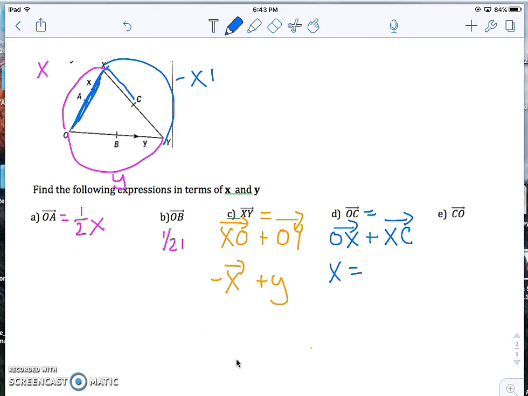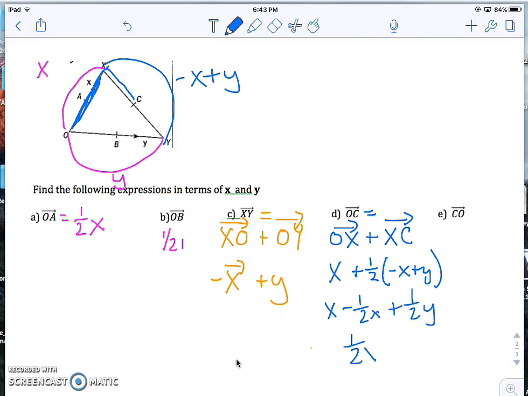That's negative X plus Y. So X to C is half of that. So we have our X vector plus half of negative X plus Y. And if we distribute, minus half X plus half Y. So we have half X plus half Y.